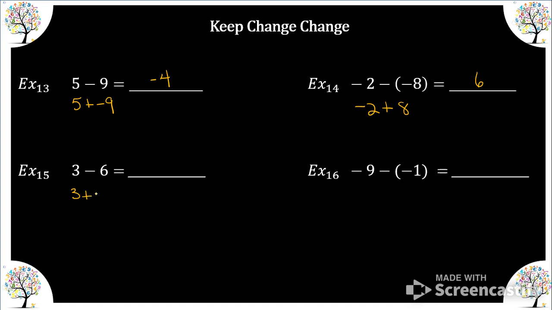Keep, change, change. Signs are different, we subtract. There are more negatives, so our answer is negative. Keep, change, change. Signs are different, we subtract. There are more negatives, so we have negative 8.